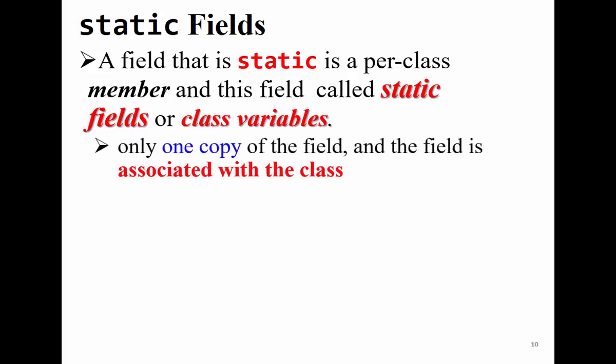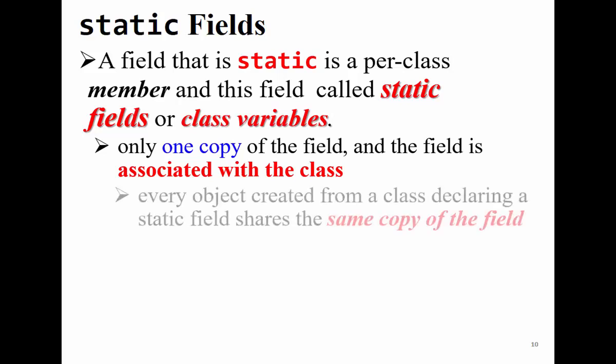So only one could exist, and that is the beauty of the static fields. Only one is shared by all the objects that belong to this class. Okay? You define a class called car, and you define a number of wheels equal to 4. So all the objects that you are creating from this car class will have number of wheels equal to 4.